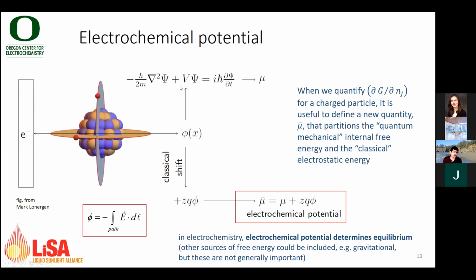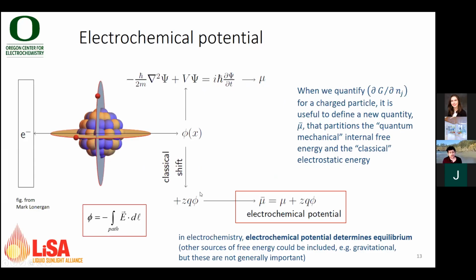And we talked about electrochemical potential, the chemical potential, the intrinsic chemical energy of the species, to which is added a classical shift of electrostatic energy, the zq phi, or zF phi in molar units.